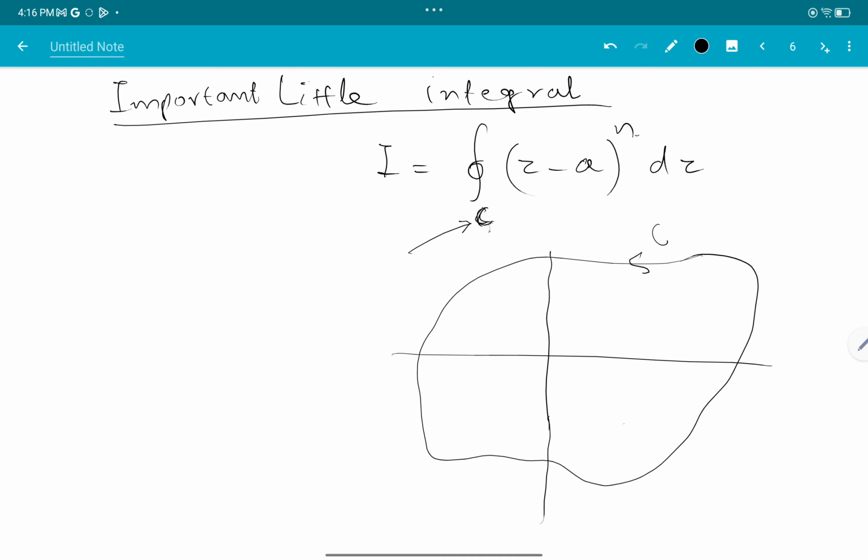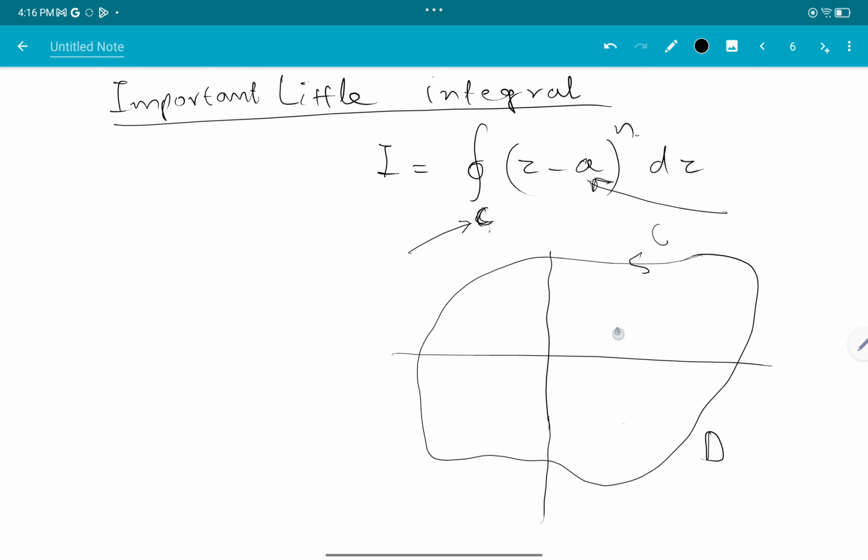Then I want to integrate along this curve, where a is a point in this region D.